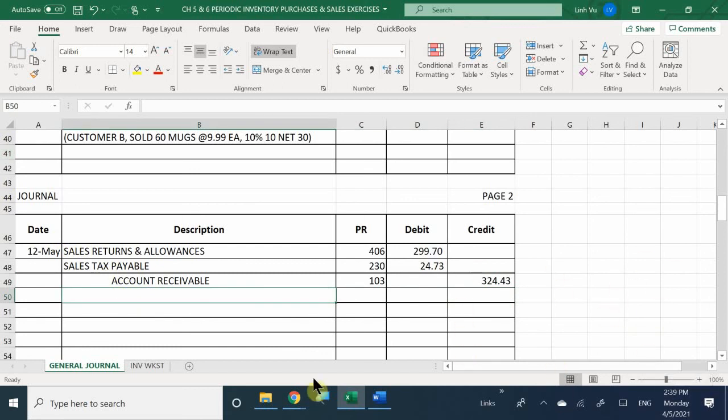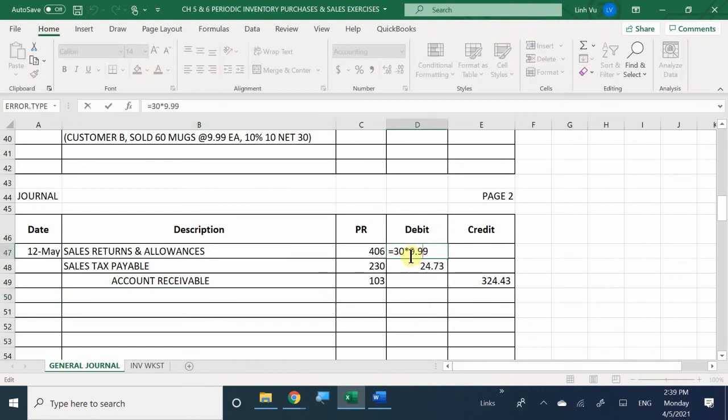So here, where did you get the $299.70? It's going to be 30 mugs times the $9.99 because that's what we sold this customer for. That's our selling price for these mugs. And he's returning 30 of them. And for the tax payable, that was the equal round, right?